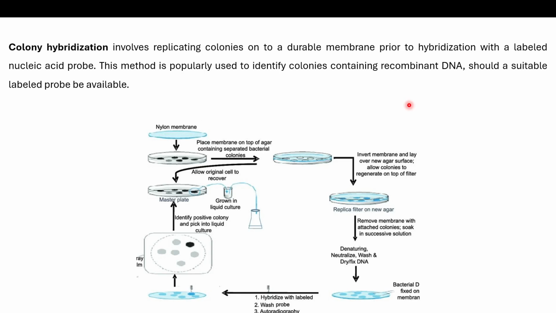What happens here is we replicate colonies onto a durable membrane, which can be a nitrocellulose membrane or nylon membrane, prior to hybridization with a labeled nucleic acid probe. Hybridization means letting a certain stretch of nucleotides bind, establishing complementarity with the sequence of our interest.